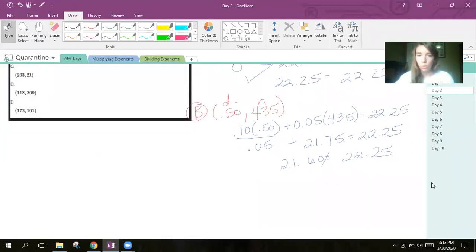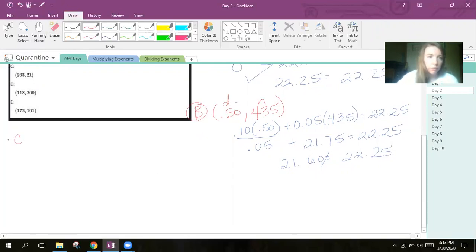Scroll down a little bit more. Change my color back. I can do C over here. So we have 233 for our dimes, and we have 21 for our nickels. Okay, so let's plug that into our equation.